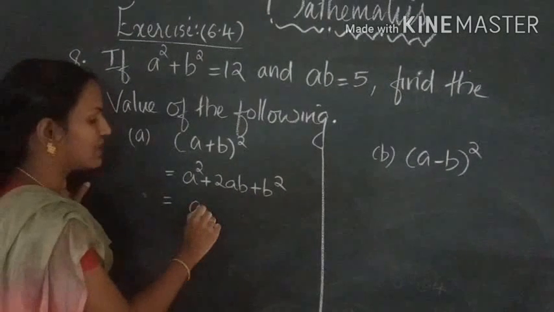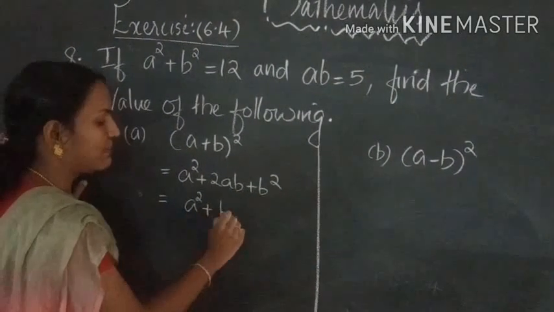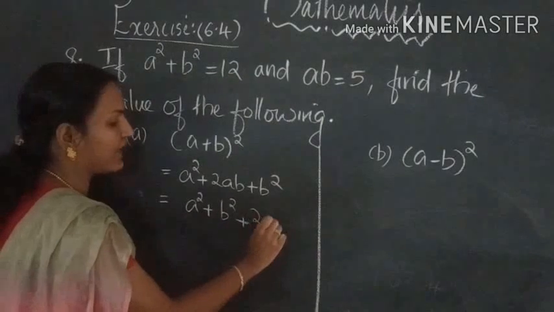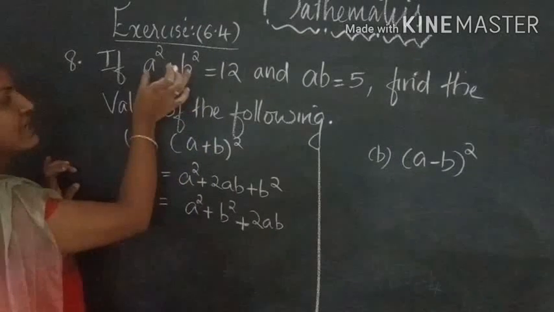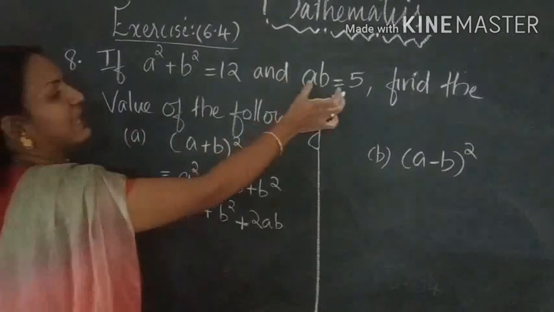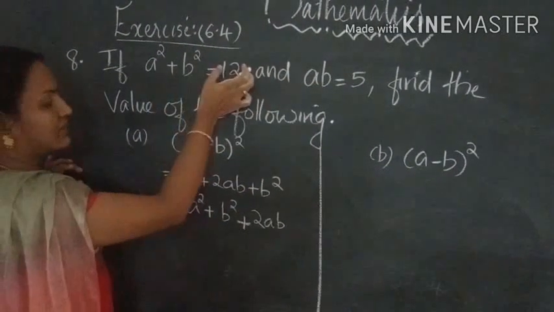I have to arrange it as a square plus b square plus 2ab. What is given? a square plus b square is given and ab is given. So a square plus b square is 12.